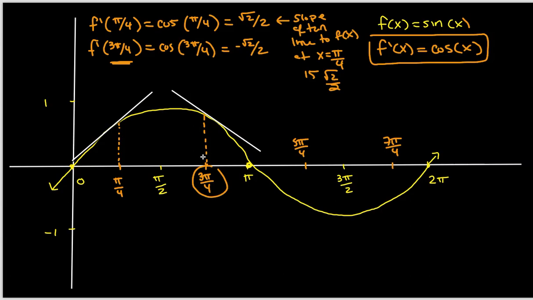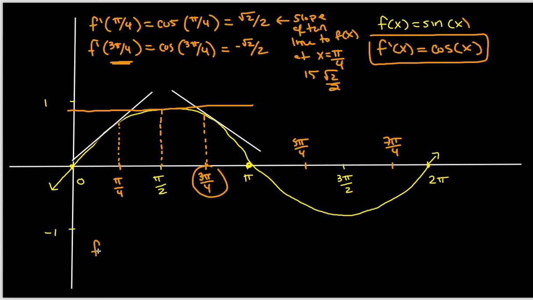Okay, well, now I kind of want to do something funny. What's the slope of the tangent line here at kind of like the vertex of that part of the curve? Well, this is that tangent line. What's the slope of a horizontal line? The slope of a horizontal line is 0. Therefore, the derivative at pi over 2 to f of x, which is sine of x, should be 0. And let's see what it is.